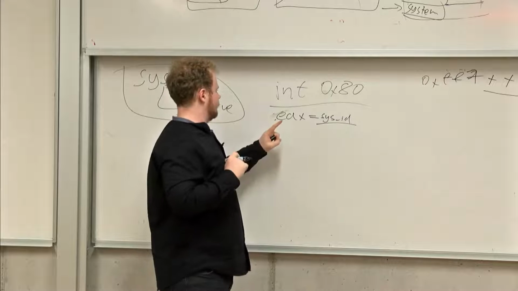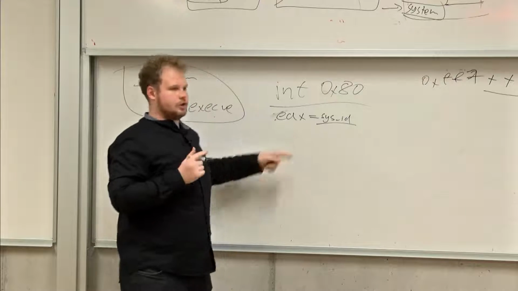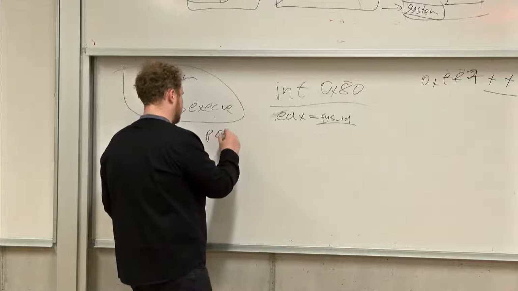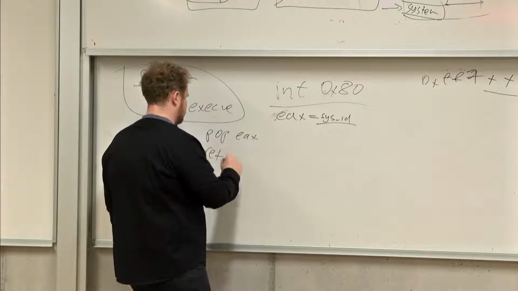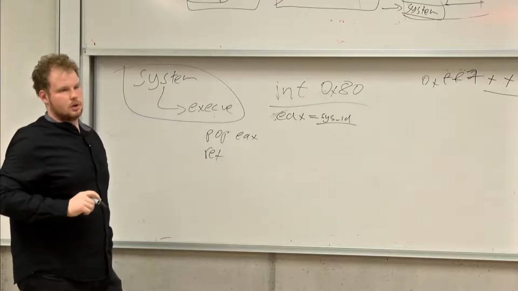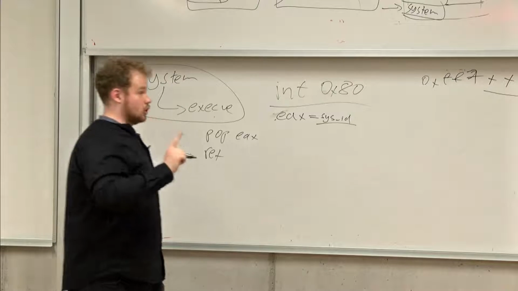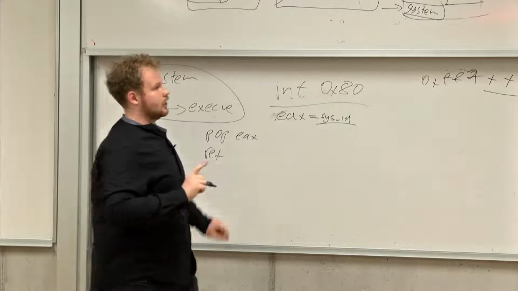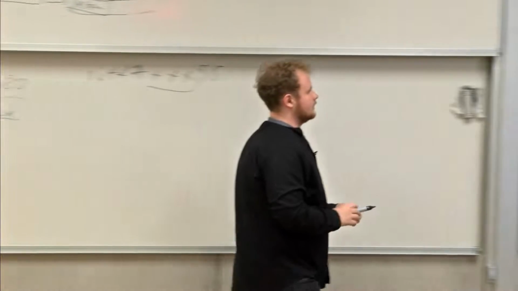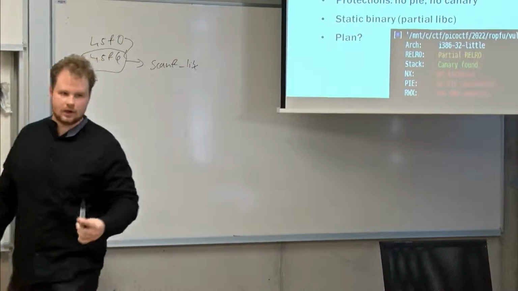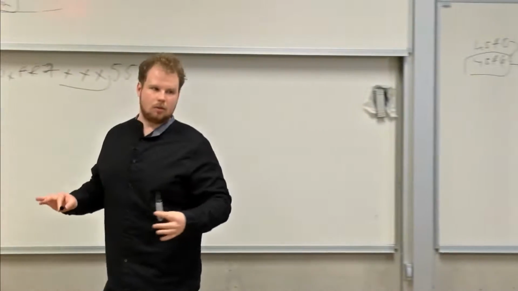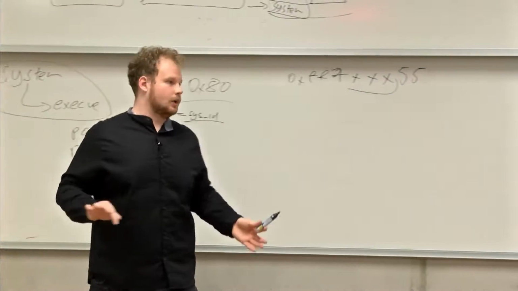But we can control registers. I mean, we have gadgets. We have pop EAX; ret. Usually we don't have these gadgets. Why do we have them now? It's because of the static binary that has a whole lot of other code in it, just because it's statically compiled, so there are no libraries.